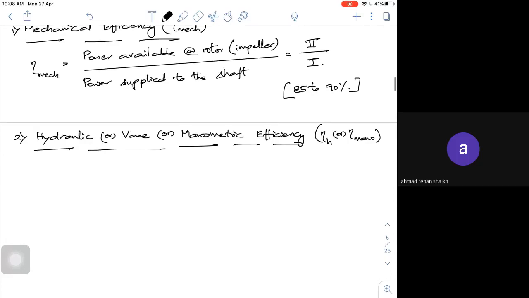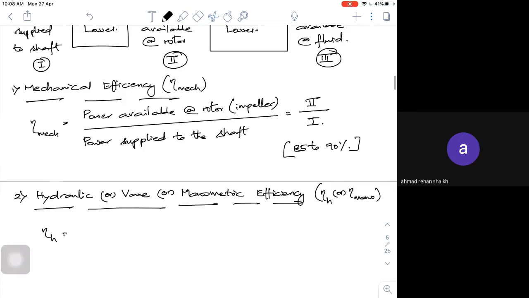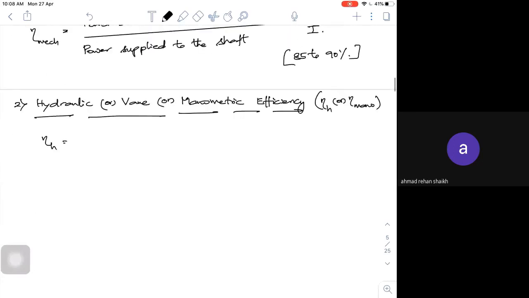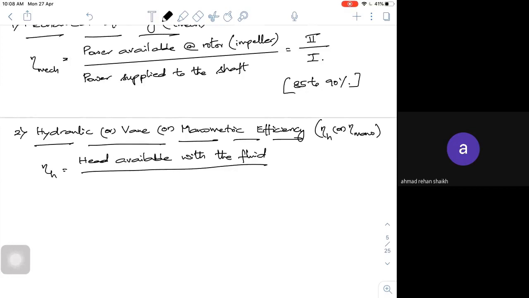It is a ratio of the head available with the fluid, that is the energy available with the fluid, in terms of head, the pressure head, to the energy available with the rotor or impeller, that is also called the Euler head.